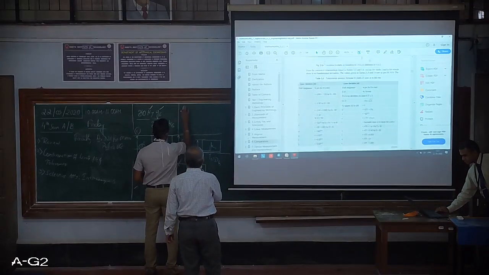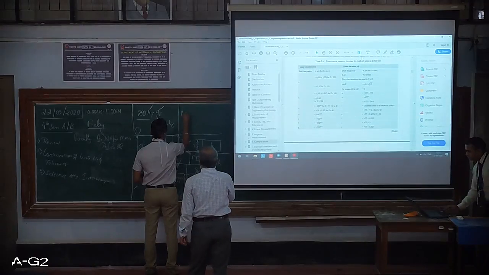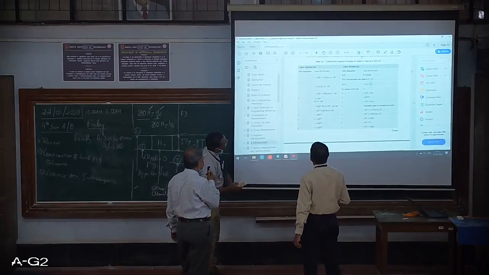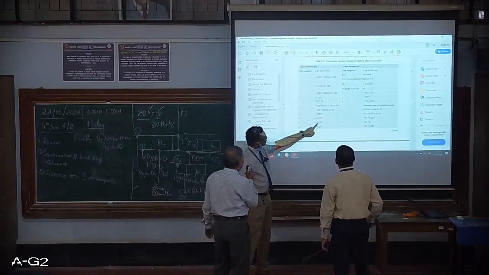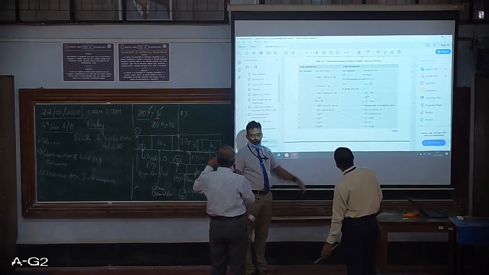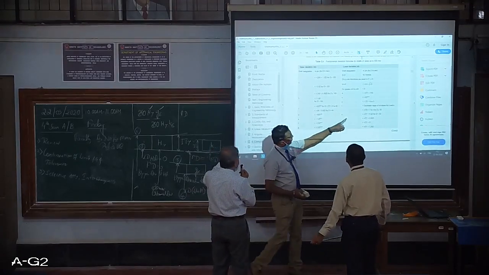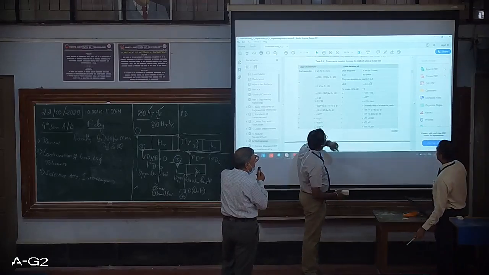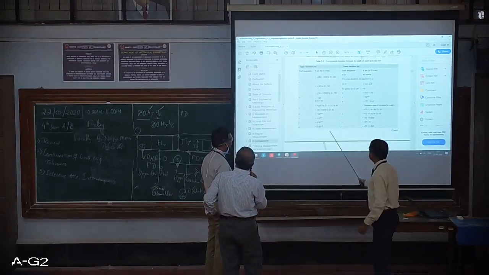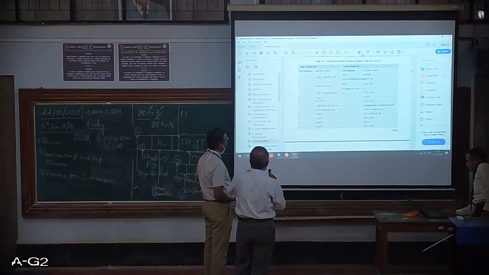Minus 5.5 D raised to 0.41. If it is for the F hole, it will be plus 5.5 D raised to 0.41.